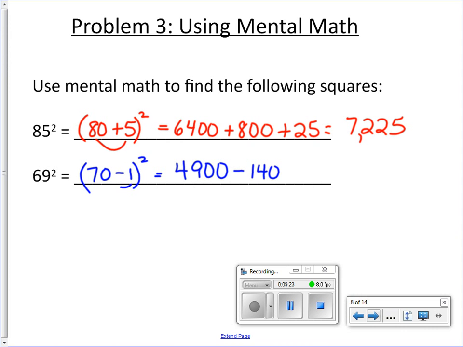And then we take our last term, negative 1, and square it, which would be plus 1. So putting these all together, 4,900 minus 140 would be 4,760, plus 1 would be 4,761 for our answer. And you can double check these with your calculator to show that this works.